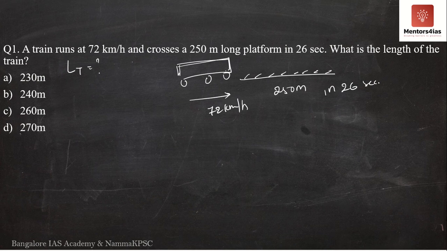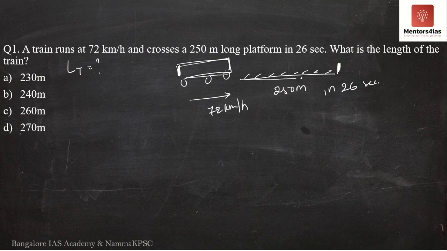So if you've understood the concept in the last video, you know that the total distance that we have to consider is nothing but the length of the train as well as the length of the bridge. So if the question is saying that in 26 seconds the train is going to cross the bridge, what does it mean? This end over here reaches this side. So what is the total distance covered by the rear end of the train?